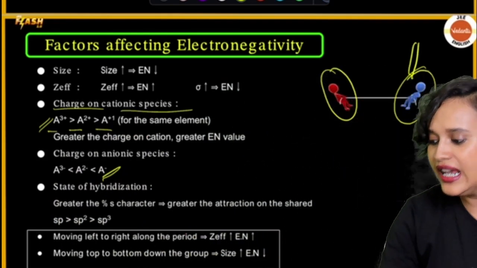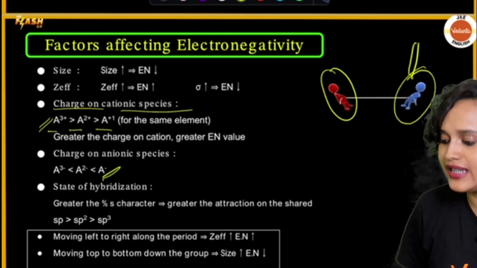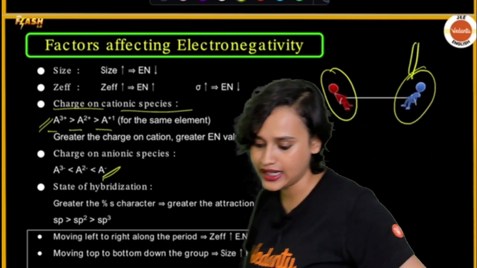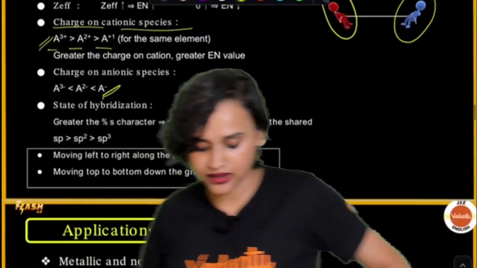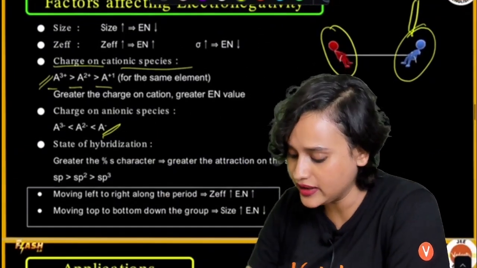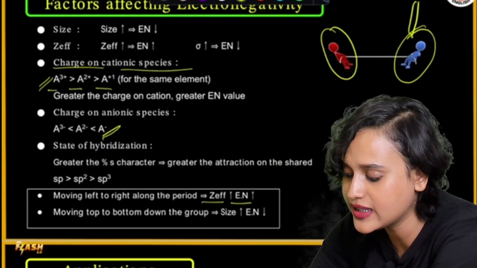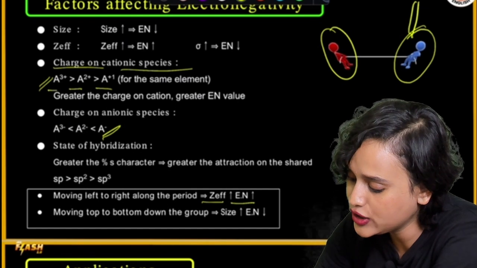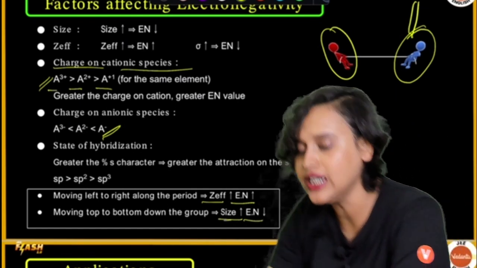So we know that sp will have a greater electronegativity than sp2, and then it is sp3. The final part here is moving from left to right along the period, you see that Z effective increases, electronegativity increases, and moving top to bottom down the group, size increases, electronegativity reduces.